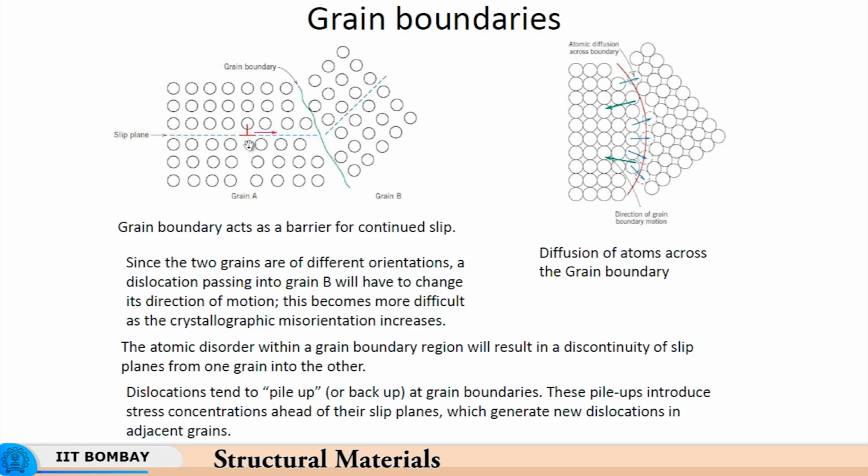So there are point defects like vacancies and interstitials, and we have also seen that there are line defects like dislocations, and these dislocations move at a stress that is 1,000th of the ideal stress that would otherwise have been required to deform a healthy crystal, that is, a defect free crystal.